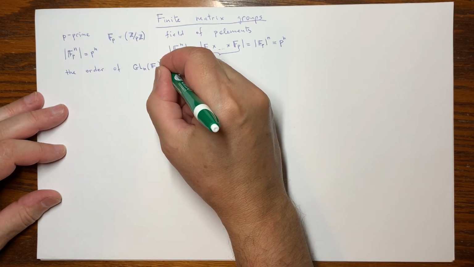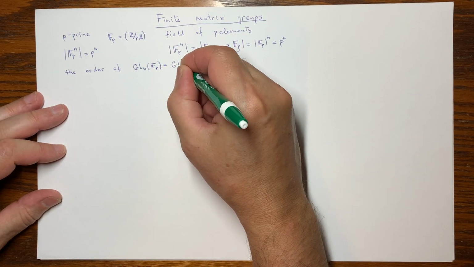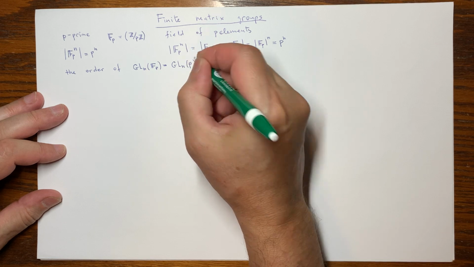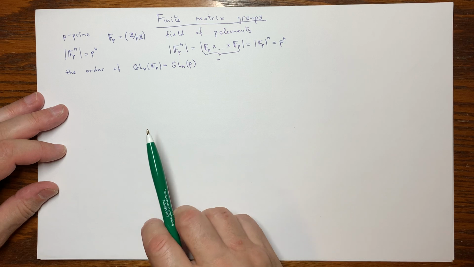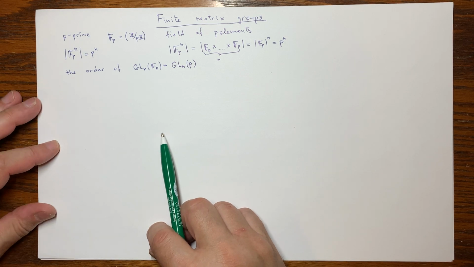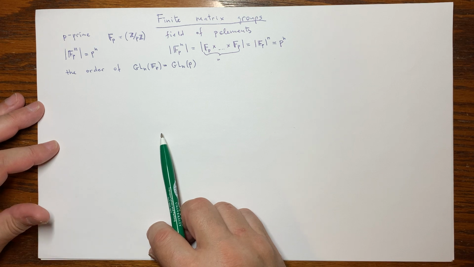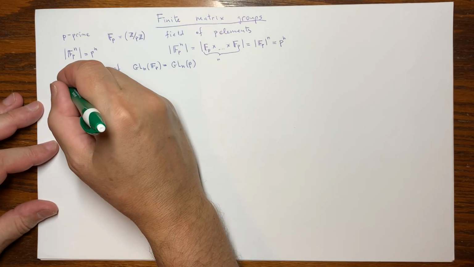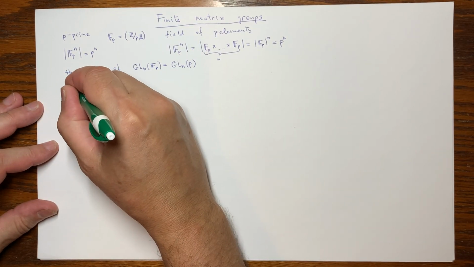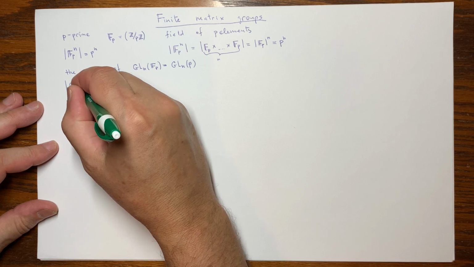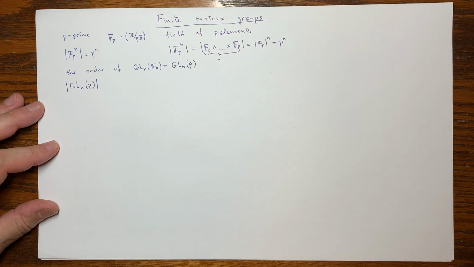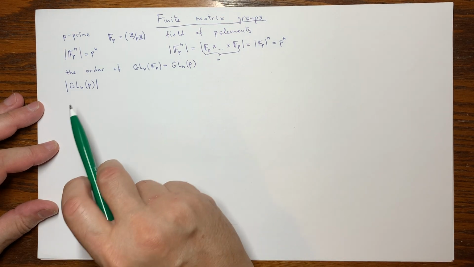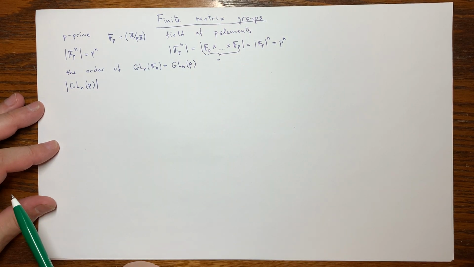The more compact notation for this is GL_n(p), the replacement for this prime field of characteristic p, the field of p elements. And that's what we will be counting: invertible matrices of size n with coefficients being elements of this field.